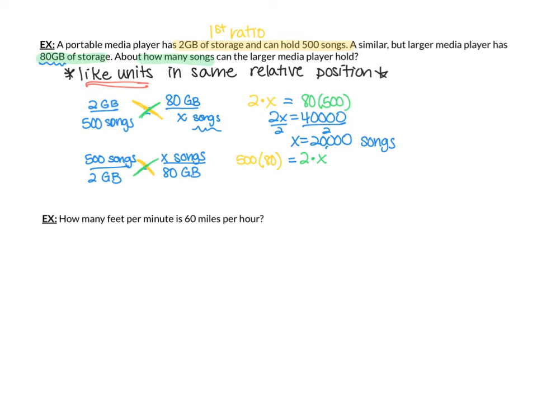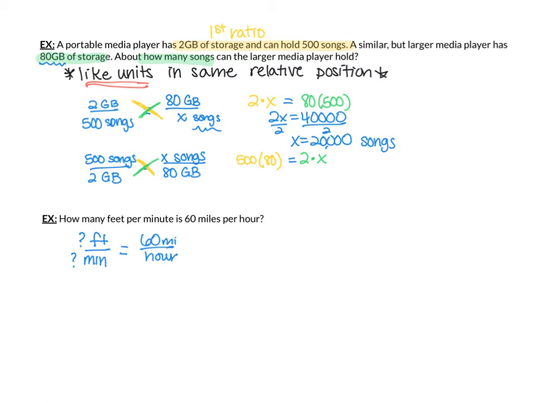So how many feet per minute? So the first question says, how many feet per minute equals 60 miles per hour.